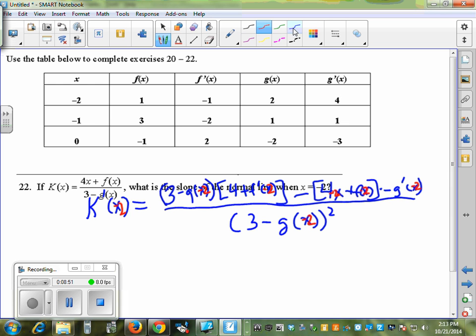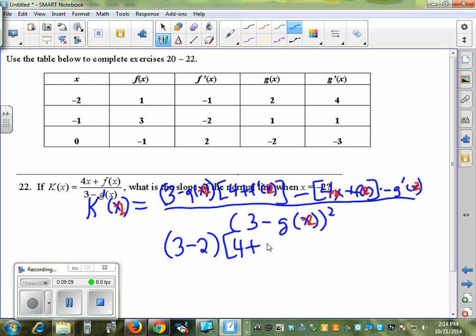And now we can do our order of operations. We've got 3 minus the value of g when x is -2. That would be 2. Times 4 plus the value of the derivative of f when x is -2.